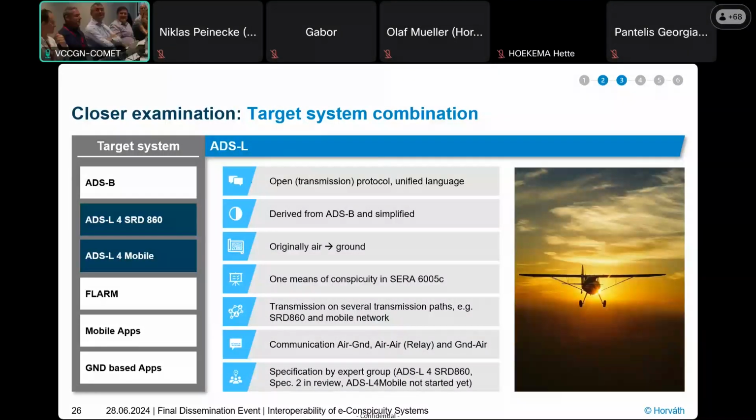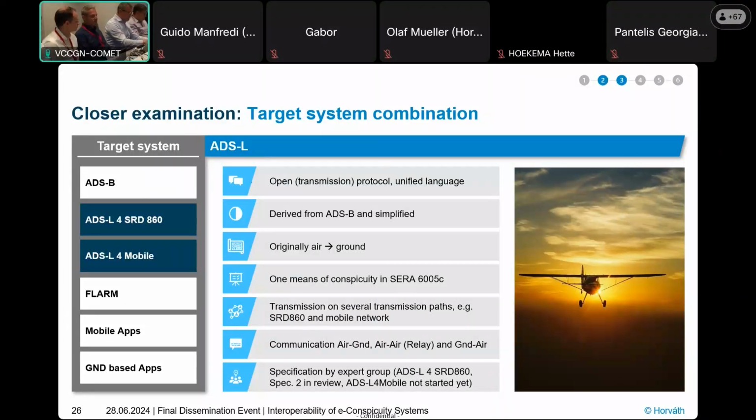So we come to the ADS-L system and our target system, and what ADS-L is, I think Lado told a lot about it. It's an open protocol without fees. It was derived from ADS-B and it's simplified. It was originally planned as a surveillance protocol from the air to the ground.